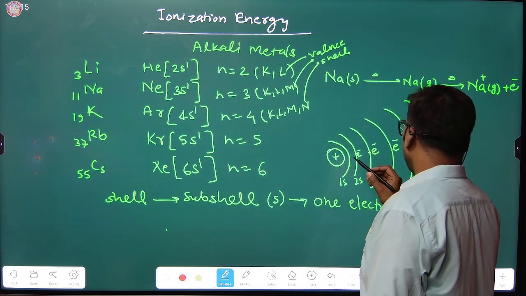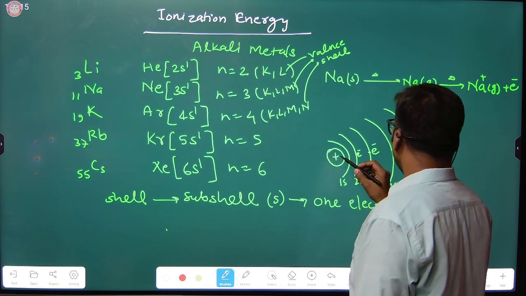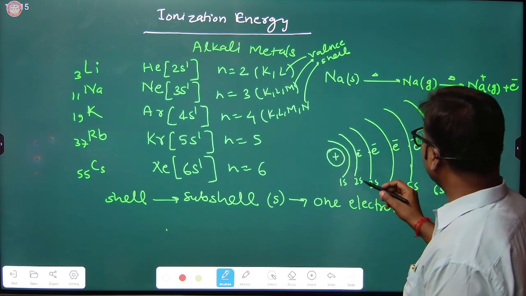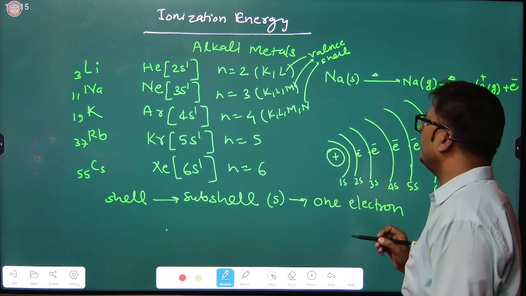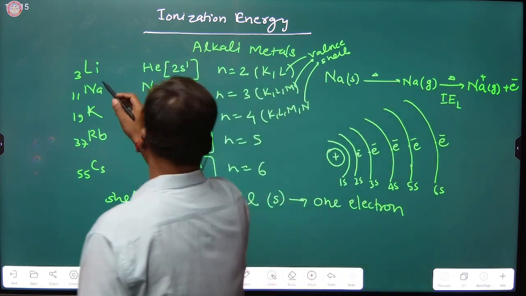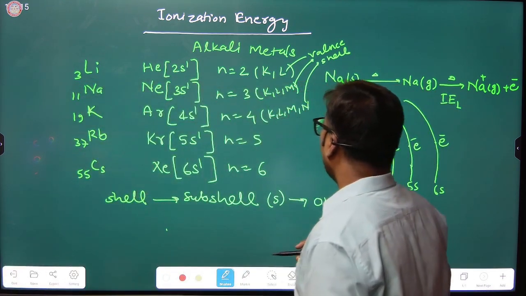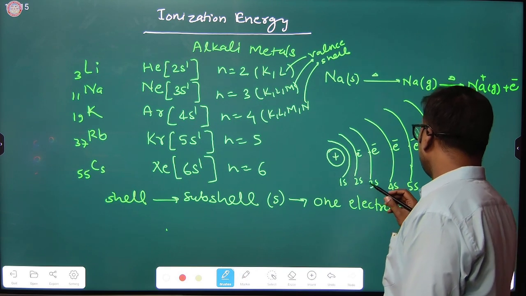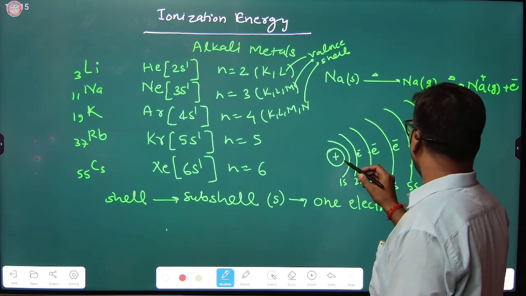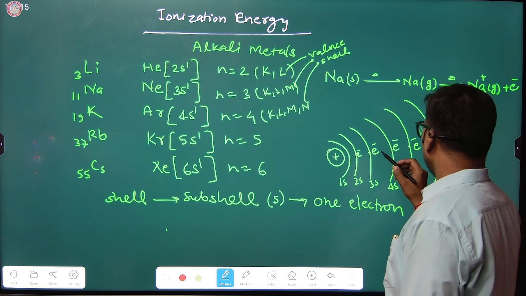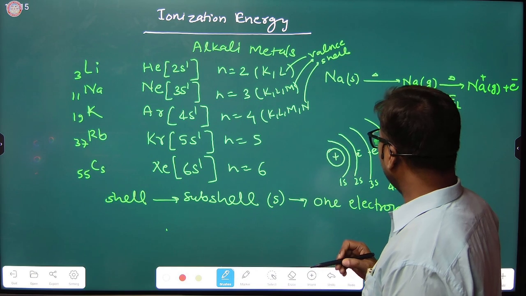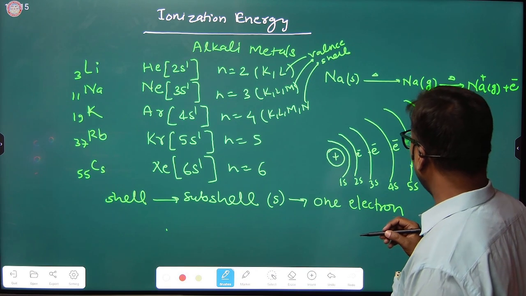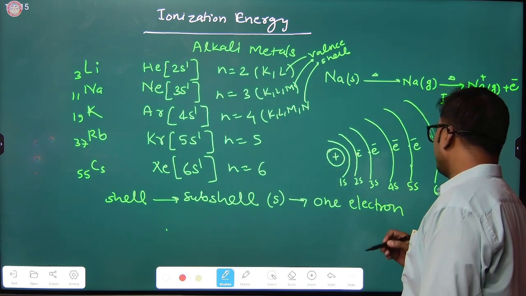So there is less distance between the positive charge and this outermost valence electron, and the electrostatic nuclear force is very high in lithium. As you move from lithium to sodium, the distance between the positive charge and the outermost 3s electron increases, so the nuclear force is a little lower.